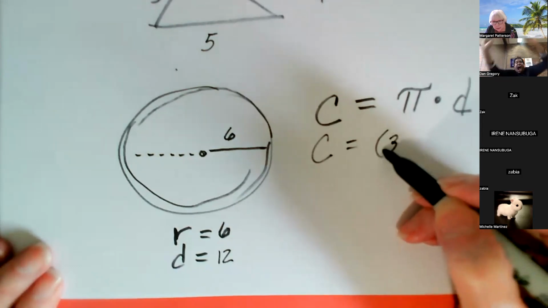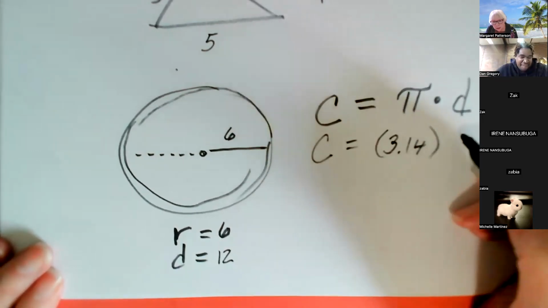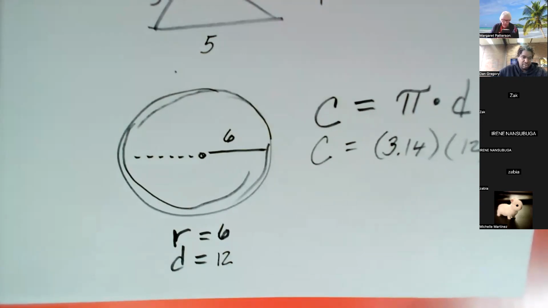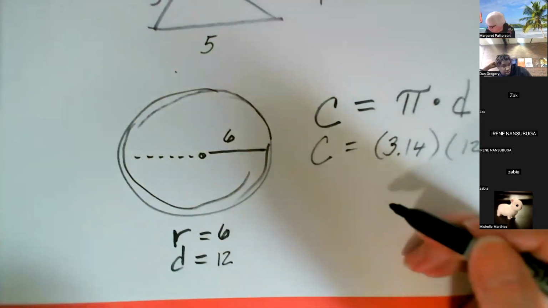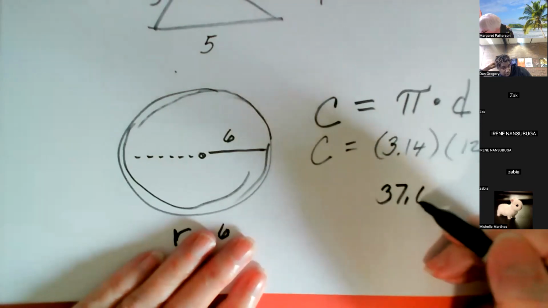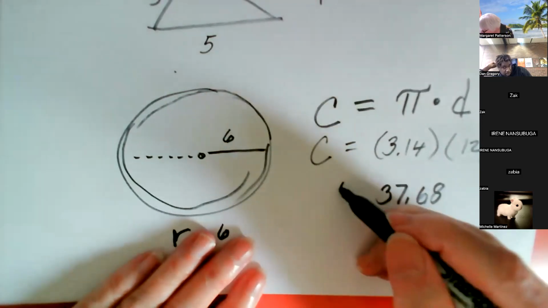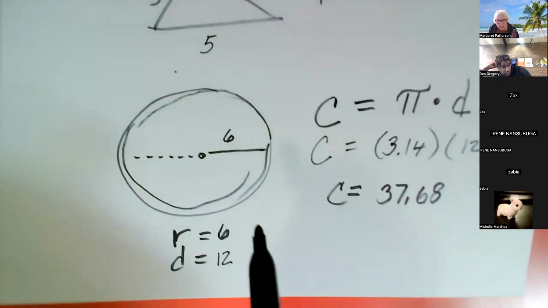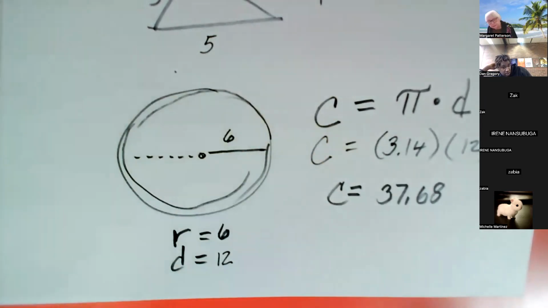So the formula, once we've established that, would be 3.14 times 12. And I'm just going to take advantage of the calculator that's in my face. 37.68. Remember wrapping it around, it wrapped around 3 times.